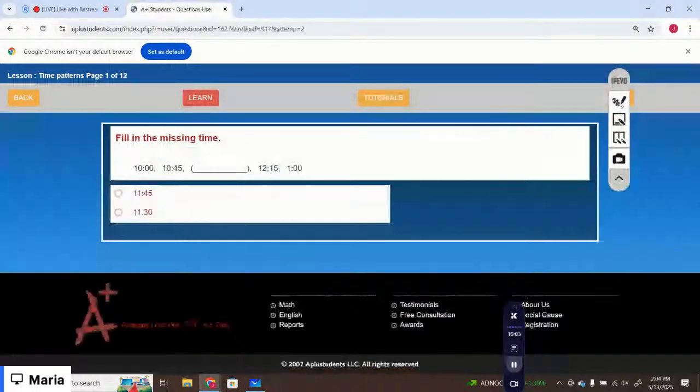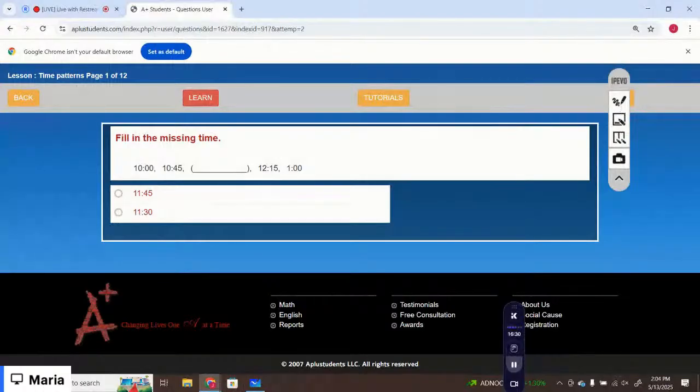Find the missing time. 10:45, the missing time, 12:15 and 1.